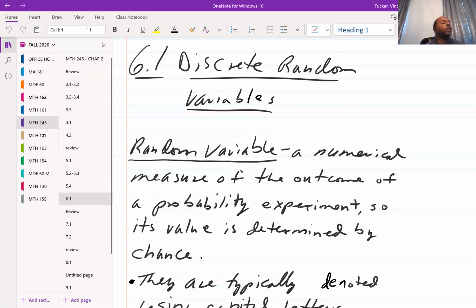All right, so we're looking at 6.1. We may knock out 6.2 today as well. I think 6.1 is short. 6.1, discrete random variables.